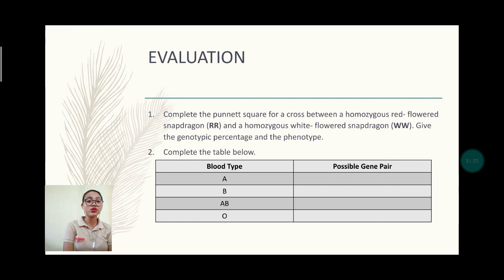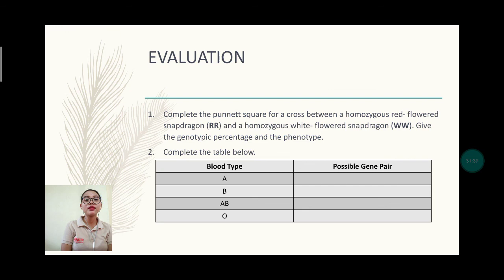Okay, I will read the questions. Number 1, complete the Punnett square for a cross between a homozygous red-flowered snapdragon and a homozygous white-flowered snapdragon.